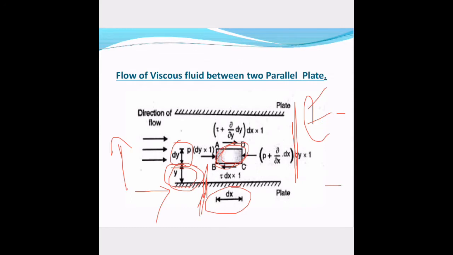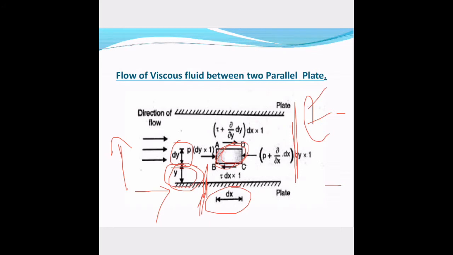Again, the pressure force which is acting on the wall DC is P plus del P by del x into dx, whole into dy into 1. And here what will happen?